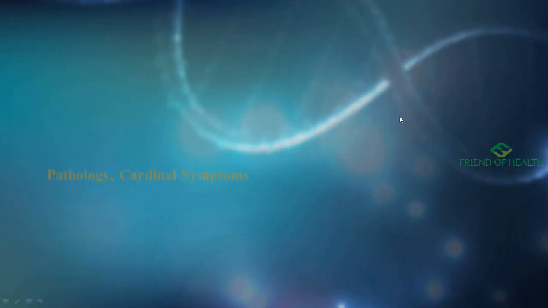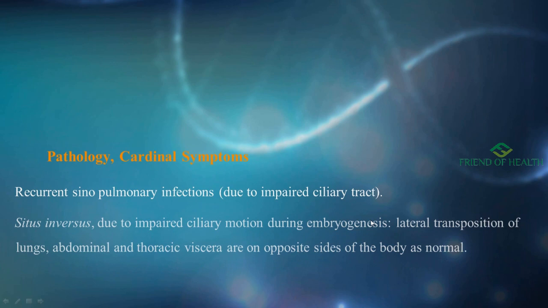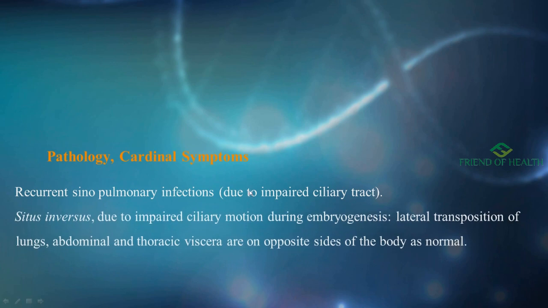The cardinal symptoms are recurrent sinopulmonary infections due to impaired ciliary tract. Once you know the pathogenesis, you can correlate it with the symptoms and presentations. The cardinal symptoms include sinopulmonary infections and situs inversus due to impaired ciliary motion during embryogenesis.